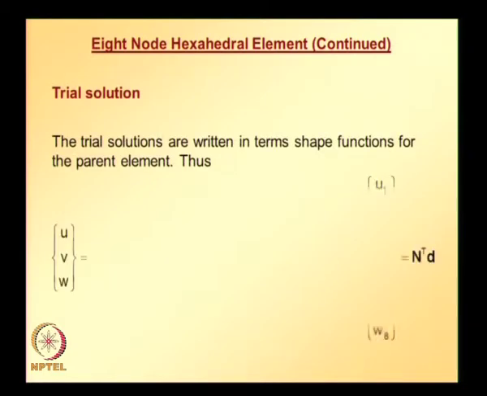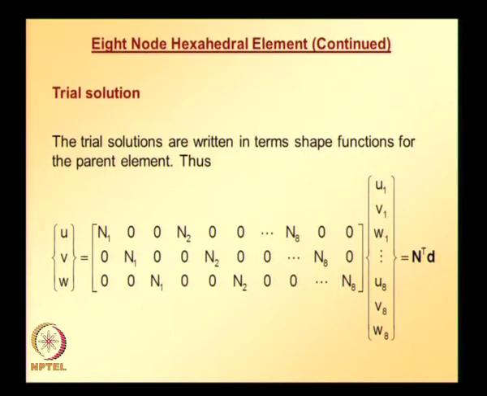The trial solutions u, v, w, the displacement component along x direction, displacement component along y direction, displacement component along z direction, can be written in terms of finite element shape functions at all the 8 nodes of this 8 node hexahedral element or 8 node brick element.